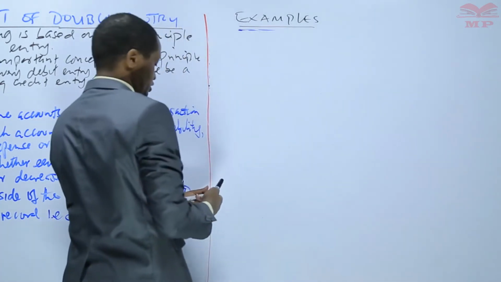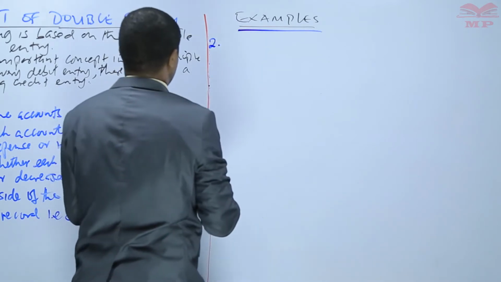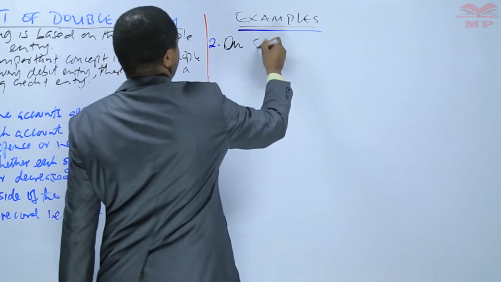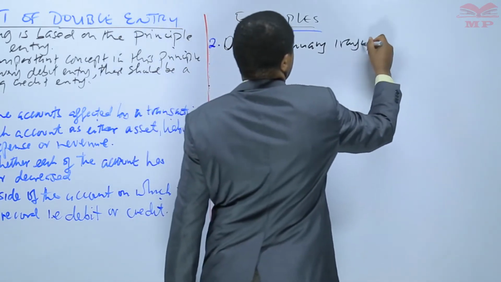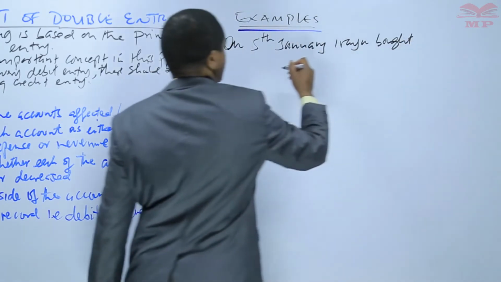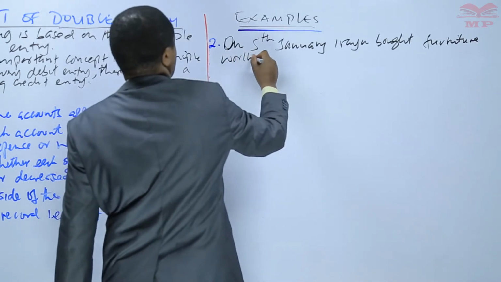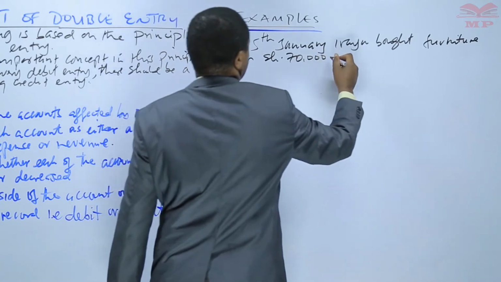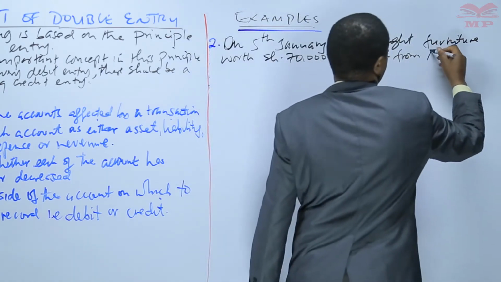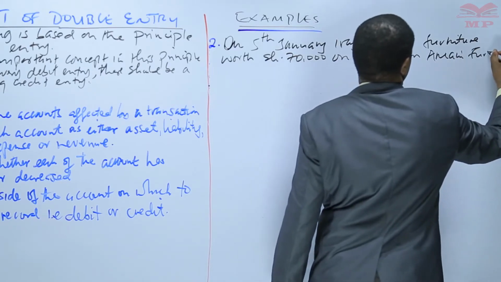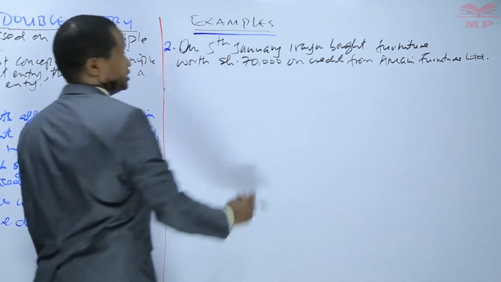On 5th January, Iraya bought furniture worth 70,000 shillings on credit from Amani Furnitures Limited. This is a transaction.